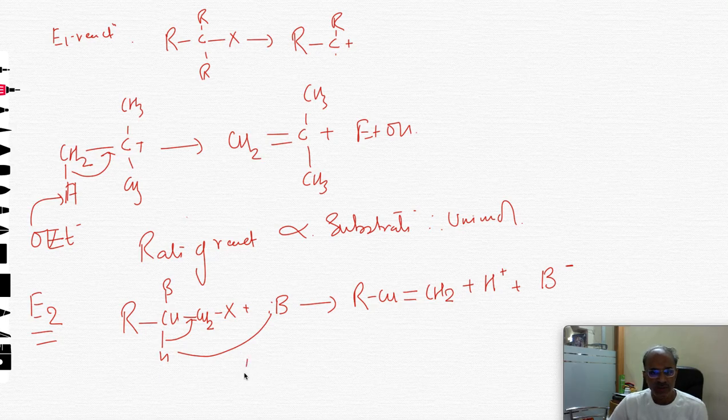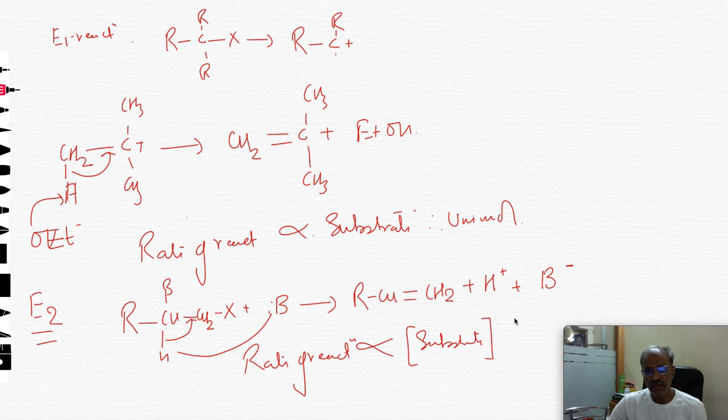So here the rate of reaction is directly proportional to the substrate and the base. Why? Because the leaving group has to be a good leaving group, plus the base has to be strong, so that it can easily remove the beta hydrogen atom, because beta hydrogen atom is not as acidic as alpha hydrogen atom.